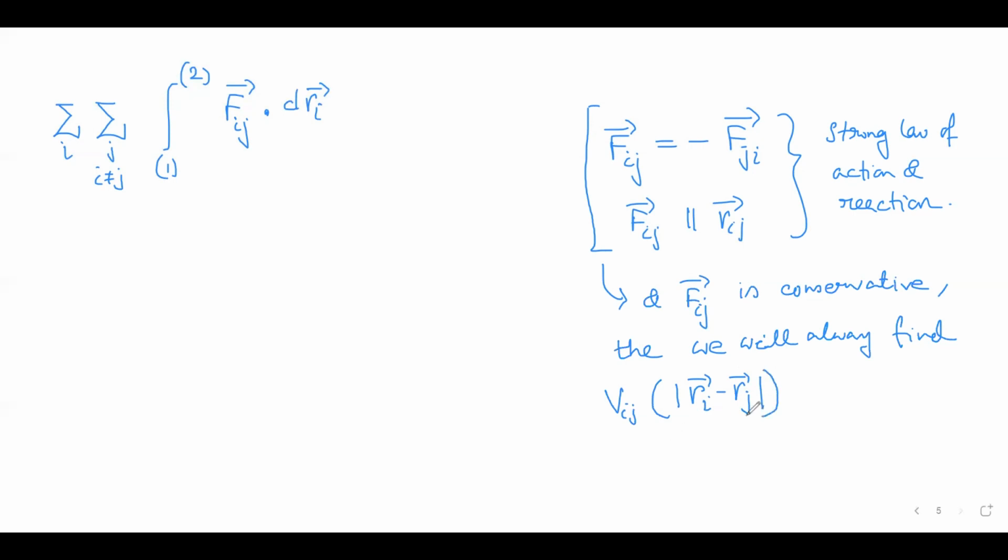Vij will be a function of only the distance. We will always find Vij such that Fij is minus the gradient of Vij, a function of mod of Ri minus Rj.